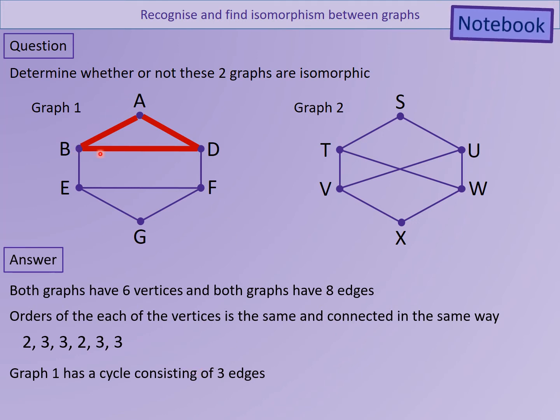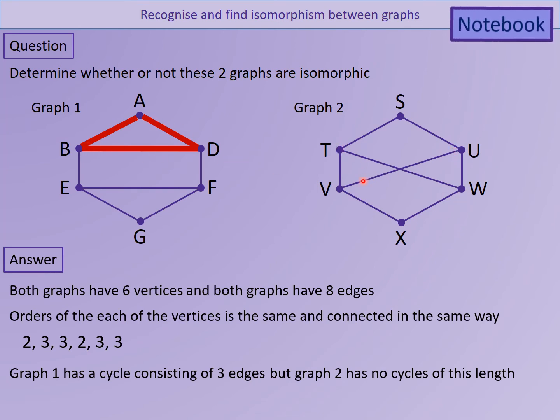Graph 1 has a cycle of 3 edges. But there is no cycle of 3 edges in graph 2. It doesn't matter how hard you try, you're not going to get an equivalent cycle to that.